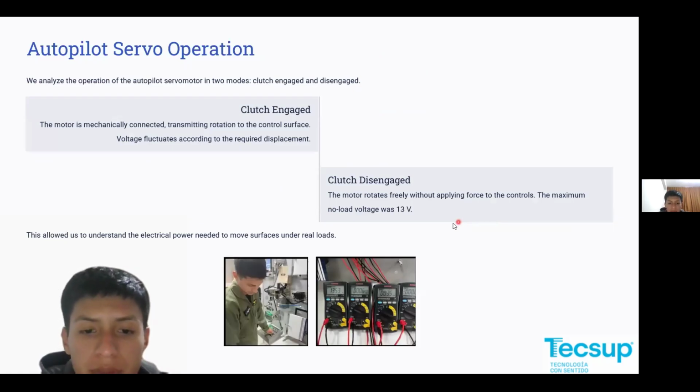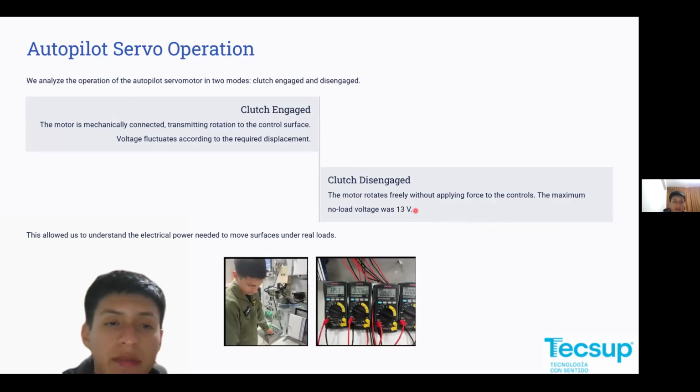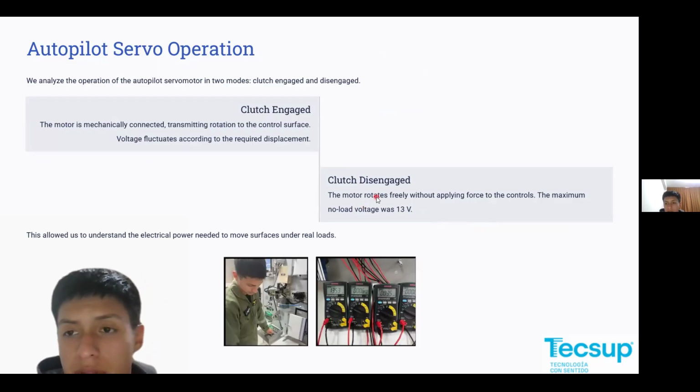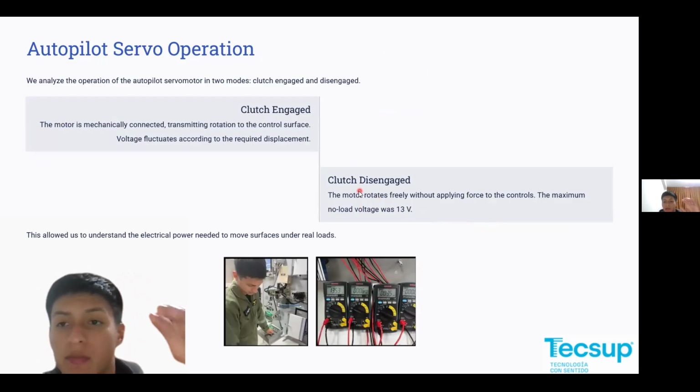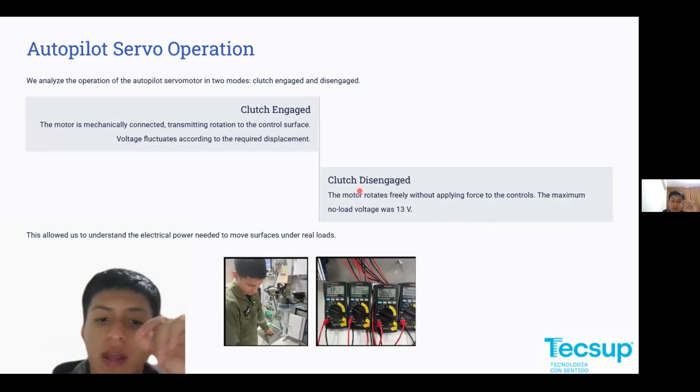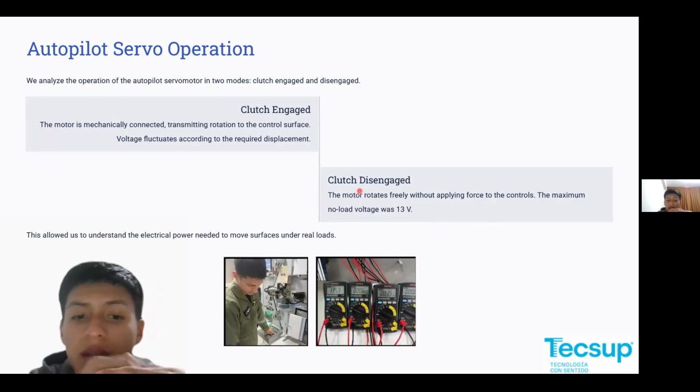In the next, I also analyze the autopilot servo operation in the autopilot module. After the autopilot logic, we work directly with the servo motor and measure the voltage applied in clutch or non-clutch.